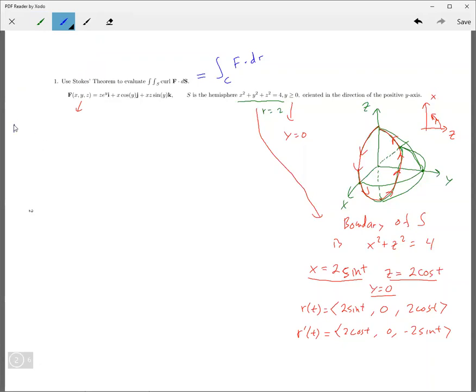Okay, so F of r of t. Everywhere that you see a z, you want to change it to 2 cosine t. So that z becomes 2 cosine t. And y is 0, so that becomes just either 0 or 1, in the i direction. But instead of doing that one, I'm going to just go with the other notation. So that's the i direction right there. Then right here, this x becomes 2 sine t.